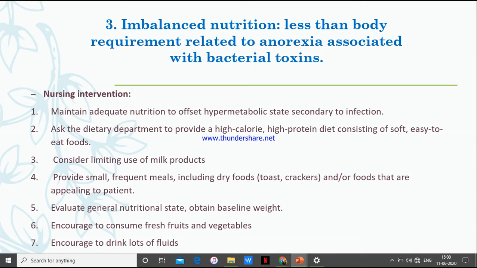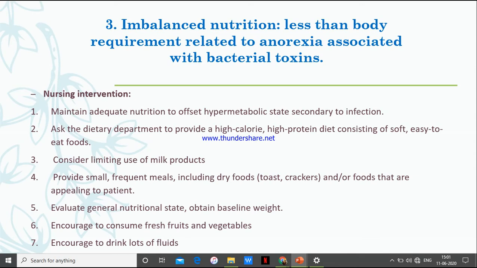So we give small amounts many times in a day, and we can give toast, biscuits, or whatever foods the patient likes.